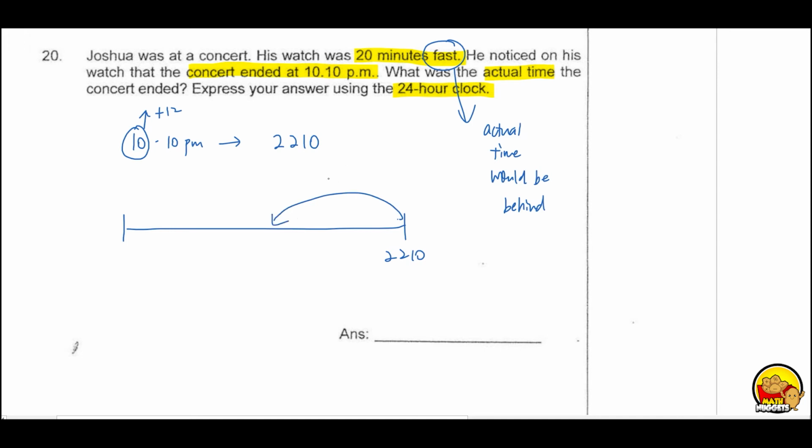I'm going to go backwards by 10 first. 10 minutes ago would be 2200, and I do another 10 minutes ago. That would give me 2150. That's 9:50 p.m. 2150.